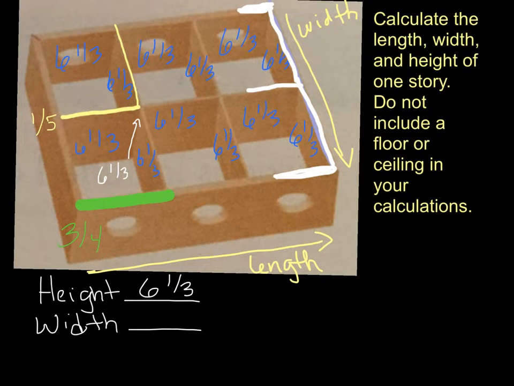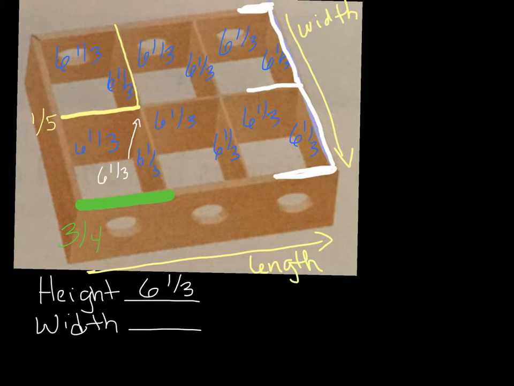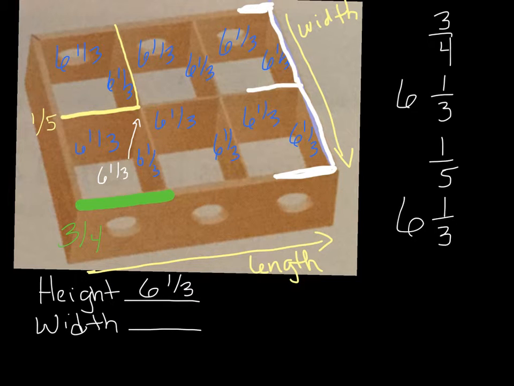So as we look at that, we have the first thickness of the exterior wall on the top right here, which is only 3/4 of an inch thick, plus the width of the first compartment, which is 6 1/3 inches, plus the thickness of the first interior wall, this part right here, which is only 1/5 of an inch thick, plus the width of the final compartment, which is also 6 1/3 inches, and finally the thickness of the last outer wall, which is 3/4 of an inch thick.